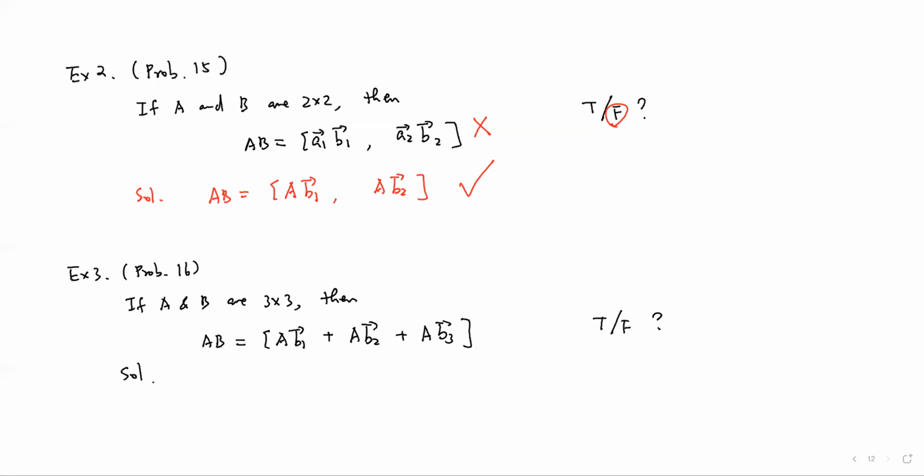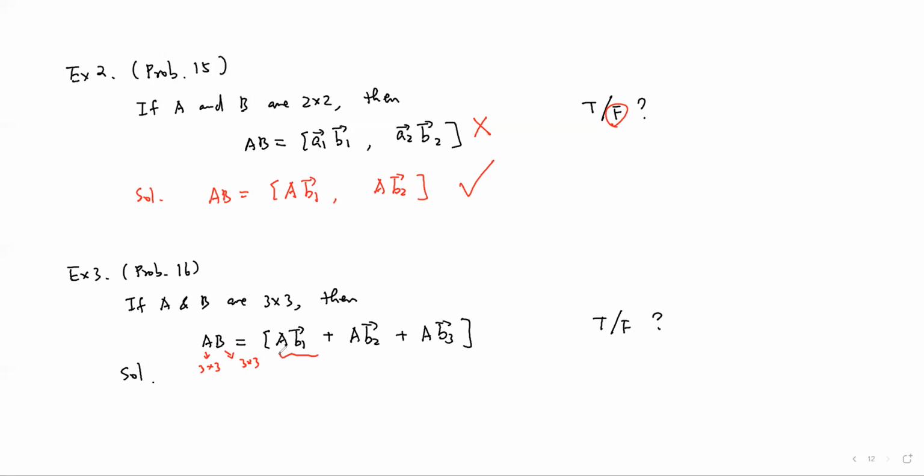The answer is false. Why? A is 3 by 3, B is 3 by 3. A times B should be 3 by 3.